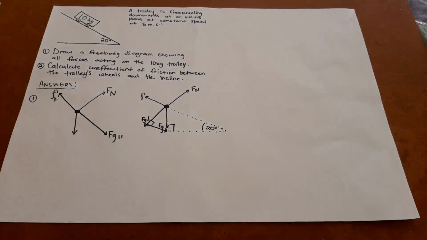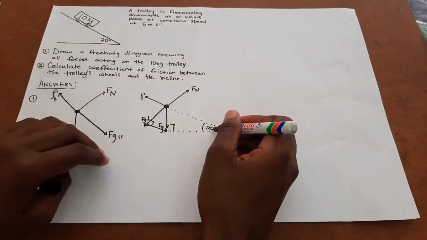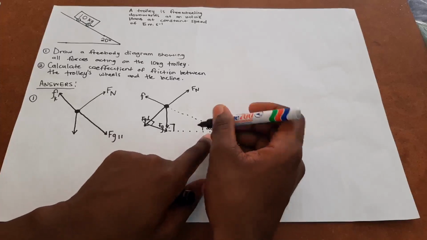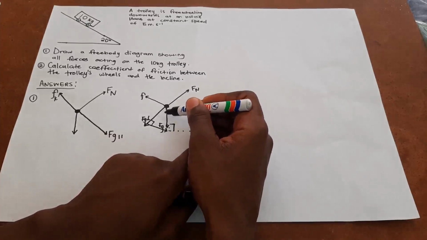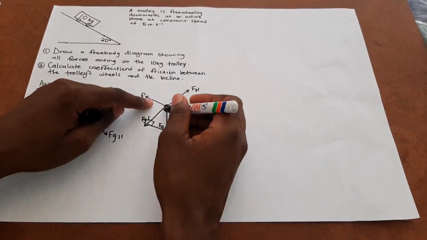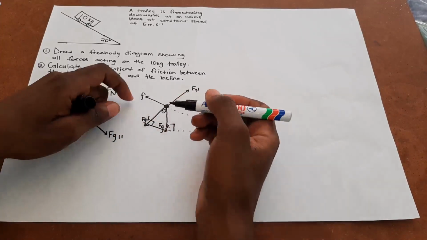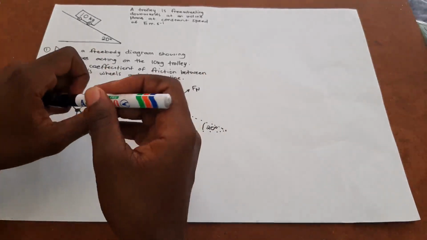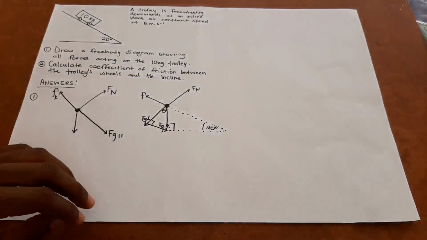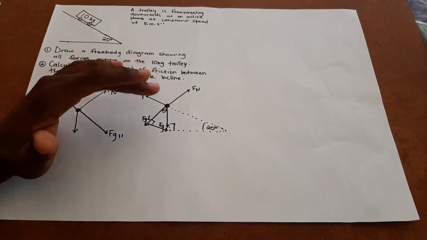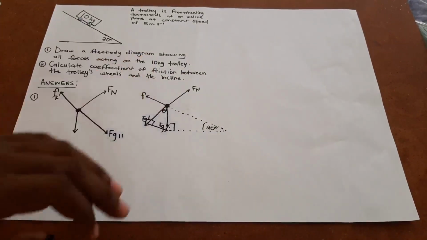So we have theta here, meaning that here is 90 minus theta, and our angle here is 90. Theta is always here, just next to the dot, to make things easier.